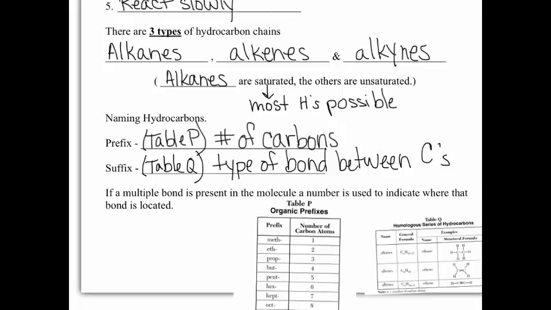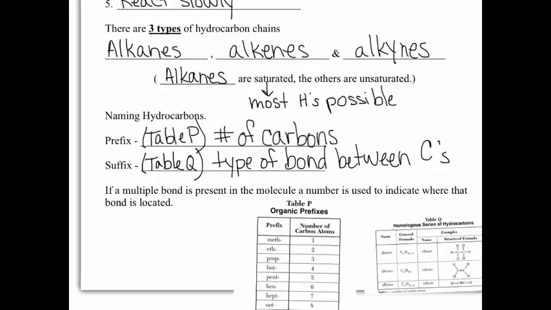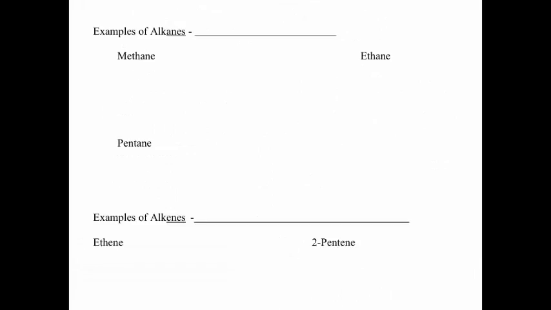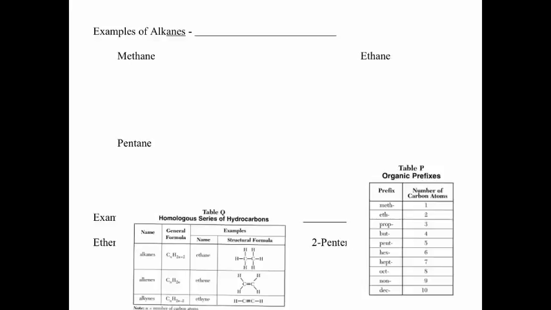Okay. Hopefully I haven't lost you yet, but let's go ahead and try some examples. So I pulled in table P and table Q because we're going to need those. We're going to go with our first examples as being alkanes. So the alkanes mean they have all single bonds.